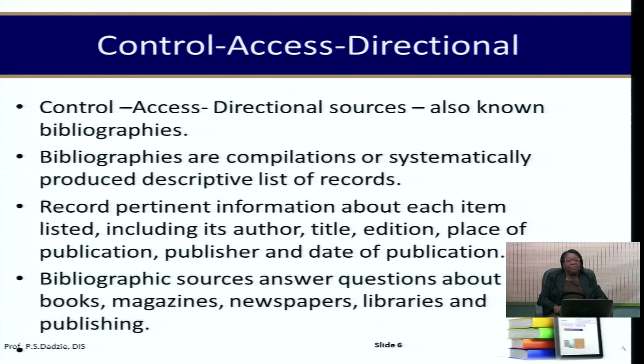And in a bibliography, you would have the author's name mentioned, the title of the publication, the edition number, the place of publication, the publisher, and the date of publication. That is what the list in a bibliography contains.